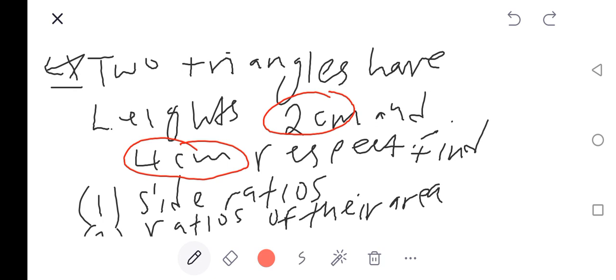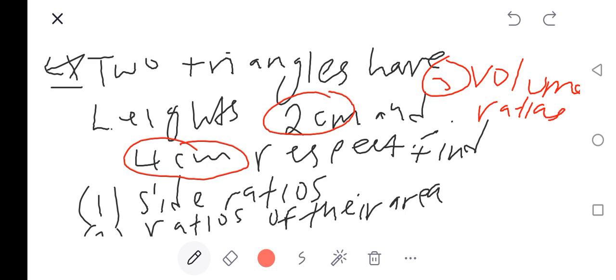How do we find the side ratios? How do we find the volume ratios? How do we find the square ratios? So let me even put another one. Number 3, find the volume ratios on the same question.